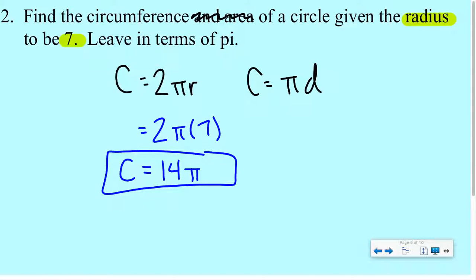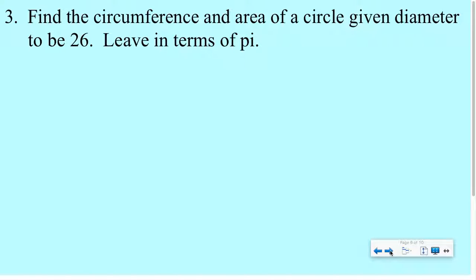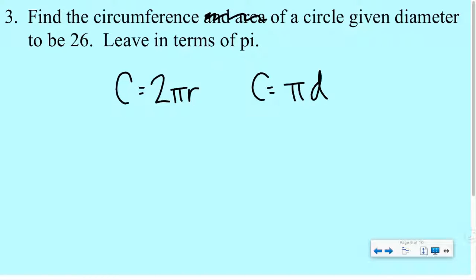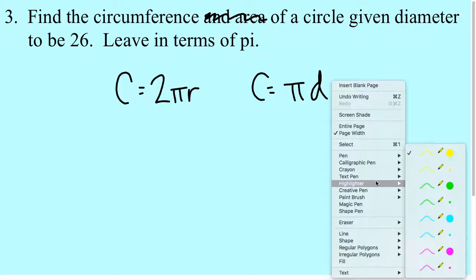Go ahead and try the second one, or number 3. Find the circumference, I have to do the area part, of a circle, given the diameter to be 26. Leave this one in terms of pi as well. There's 2 ways, 2 pi times the radius, or pi times the diameter.